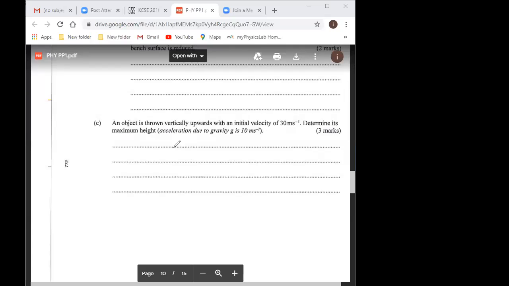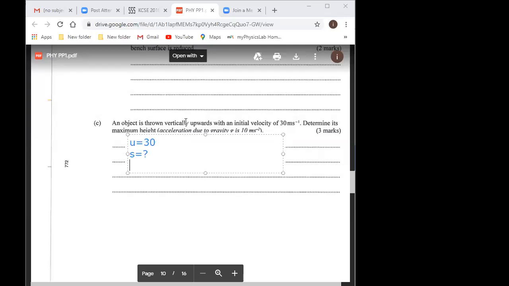Let's see. An object is thrown vertically upwards with an initial velocity of 30. So already we have initial velocity u being equal to 30. Then determine the maximum height. The height that it is going to reach, you don't know this height. So this height is the one that we want to get.